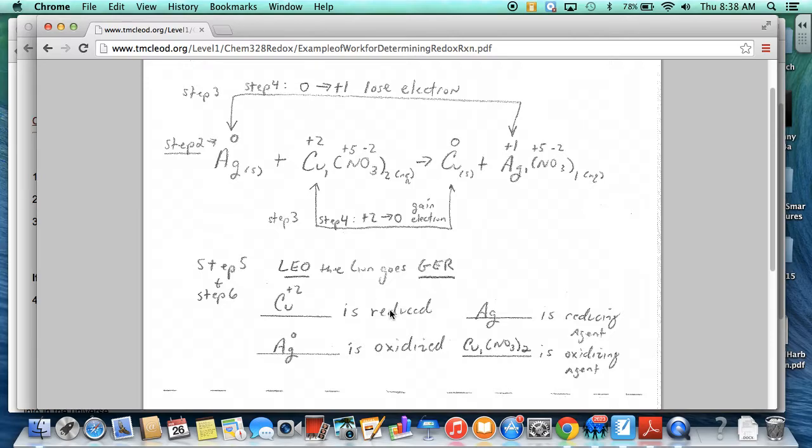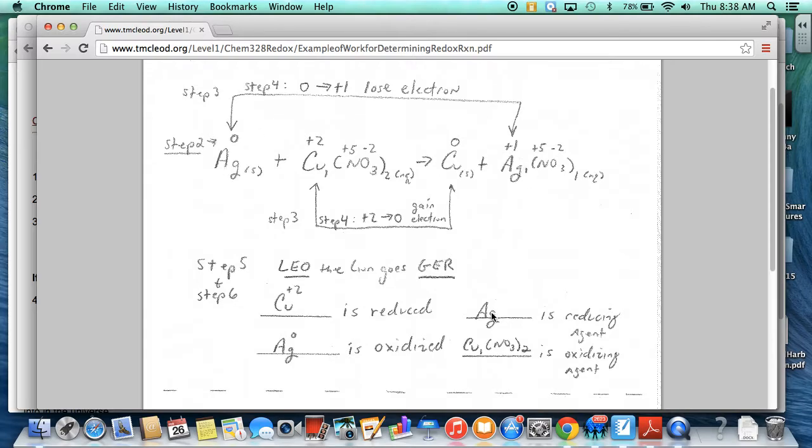Then the agent. The way I figure out the agent is, I know that the Cu plus 2 is being reduced. So I put my finger over this whole thing and I look at that arrow and I say, who is helping this Cu plus 2 being reduced? Well, it's the silver, the thing on the opposite side of the plus sign.